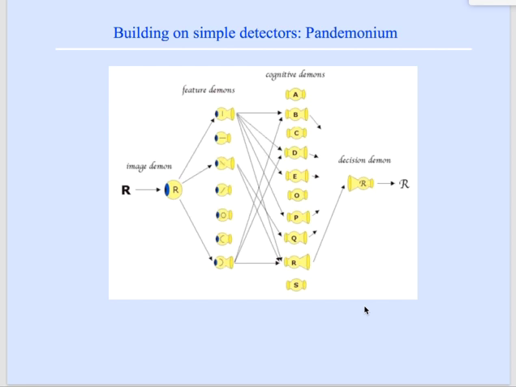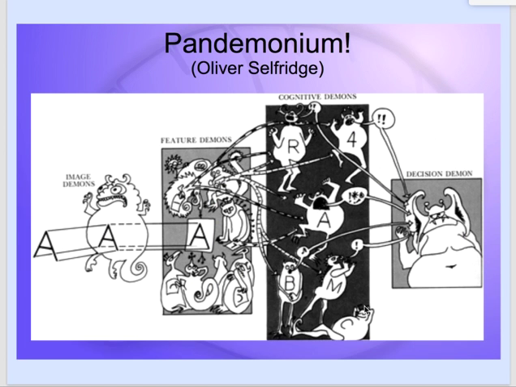Now, a more interesting description or picture of it is actually the original from Oliver Selfridge. Here you see the image daemons, and they're basically sending information to the feature daemons.